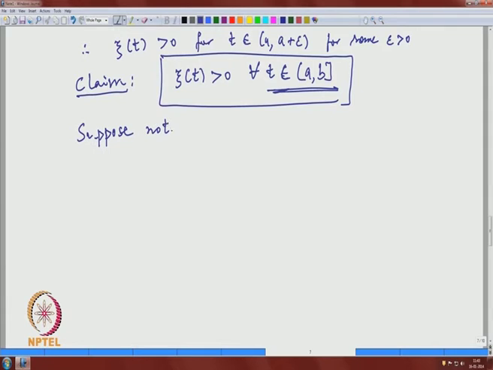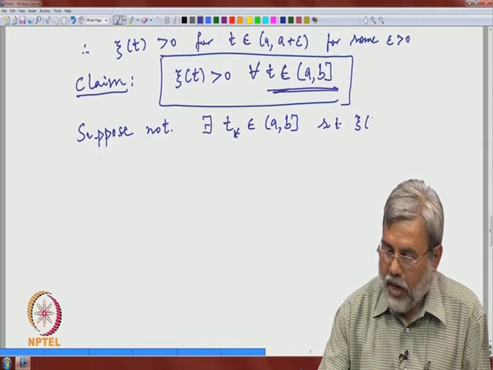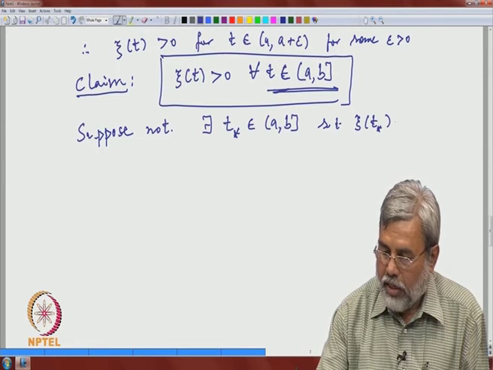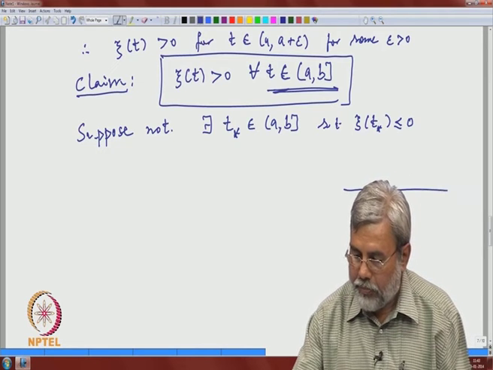So, what does that mean? So, there exists some T star in A B such that J of T star is less than or equal to 0. So, maybe better draw some diagram.